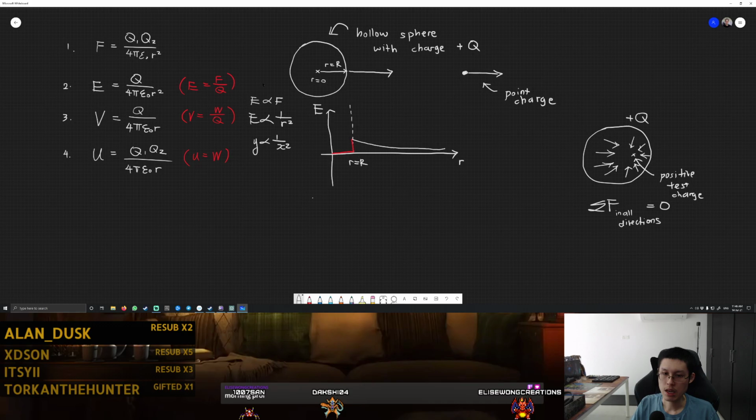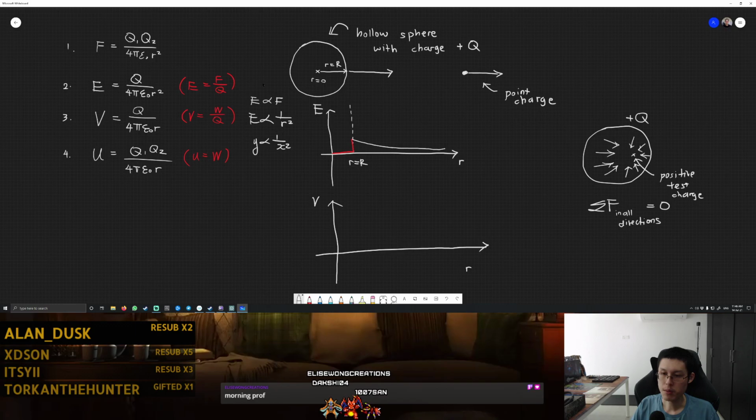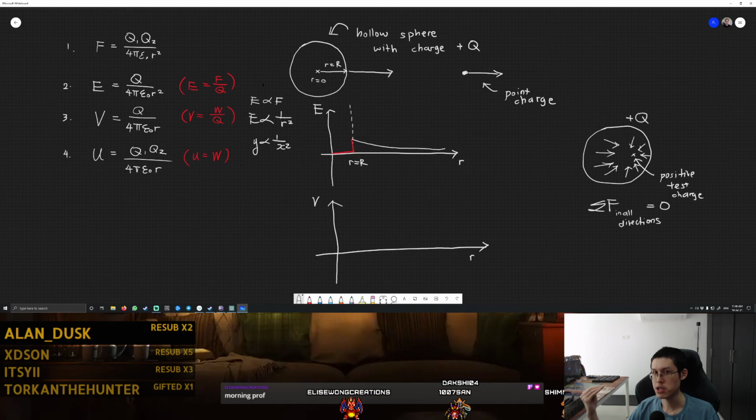Now, what about electric potential against r? How would you draw this then? Remember what I told you last class? In physics, the convention is any positive charge or mass would tend towards a region of lower potential, right?